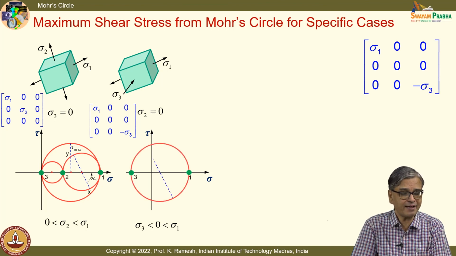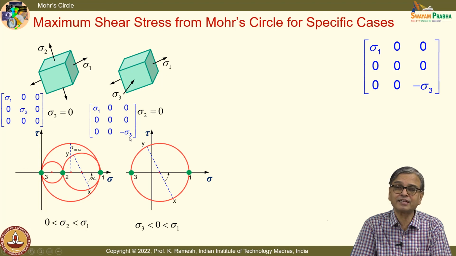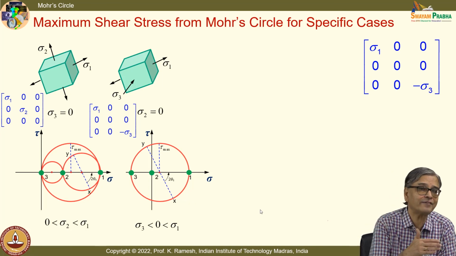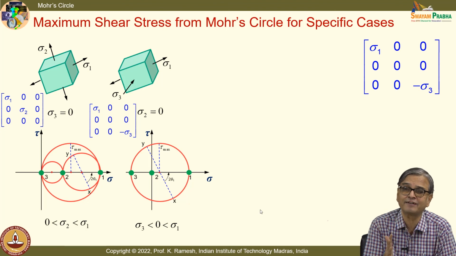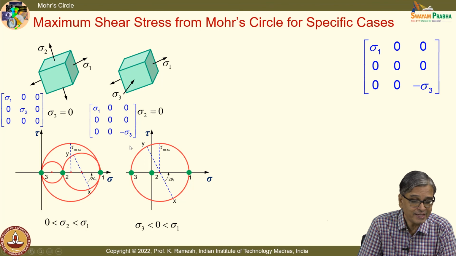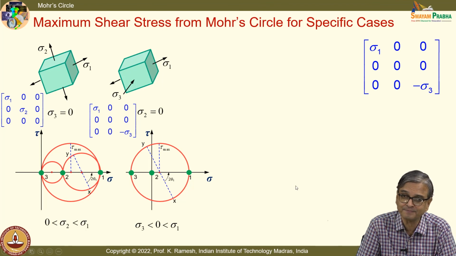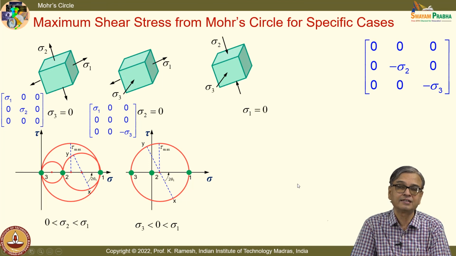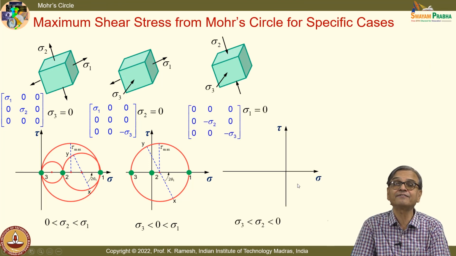Suppose I have sigma 1 and sigma 3, where one is positive and the other negative. Whether I consider sigma 2 as 0 is immaterial. It is not going to affect me as long as I am finding the maximum shear stress, because invariably I will find the global maximum. On the other hand, when both these stresses are negative, I have this situation.